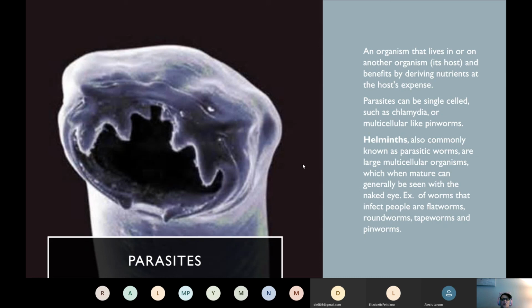And when we start talking about them in the worm form, this is a word you might want to write down because nobody ever knows it. It's called a helminth, and that means a parasitic worm. And they're usually not something that's readily seen. You have to actually kind of be looking for them. Examples of them are flatworms, roundworms, tapeworms, and pinworms.